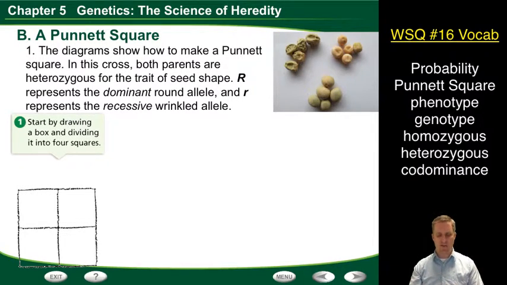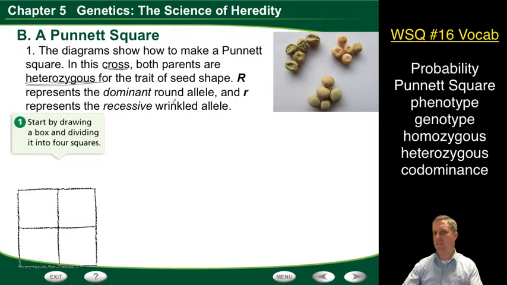So we're going to use an example from Mendel, who dealt with pea plants, and one of the traits he looked at was the seed shape of the pea plants. We're going to use this diagram above and this information. We're going to take a cross, and in our cross both parents are heterozygous. Remember, heterozygous, it's a term we haven't got into, but that means they have different alleles. They're basically hybrid.